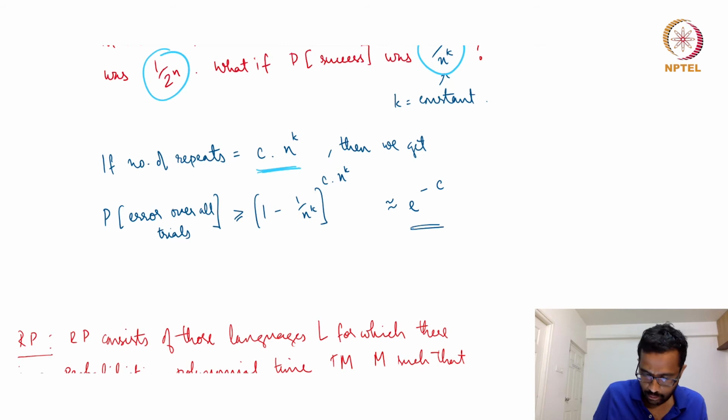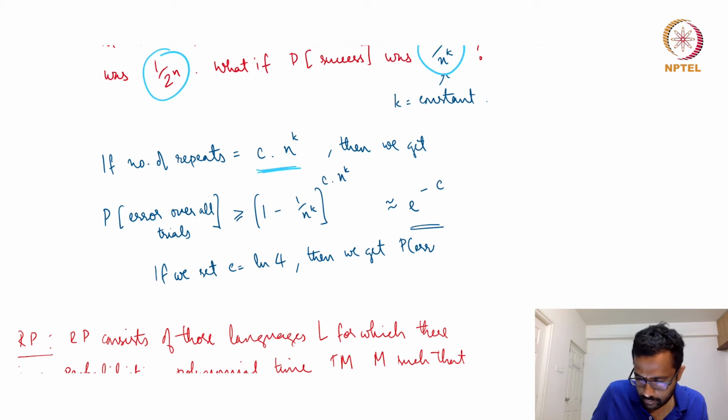So if we set c to be the natural log of 4, then we get probability of error equal to 1/4, which is good.